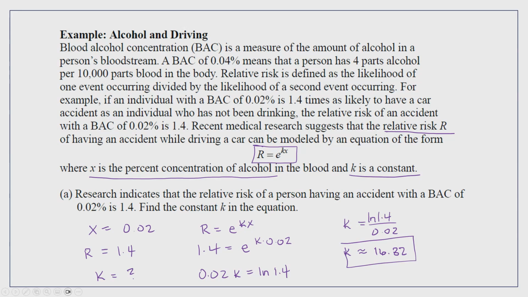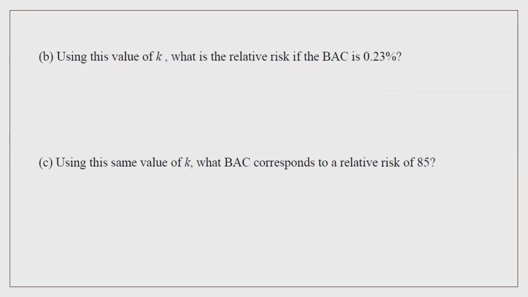All right. B. Using this value of k, what is the relative risk if the BAC is 0.23%? So they want us to use that same value of k, which is 16.82.